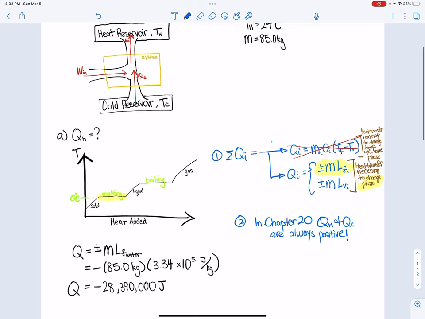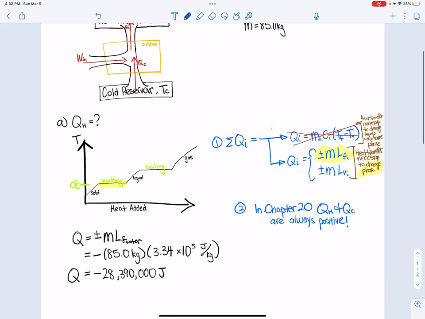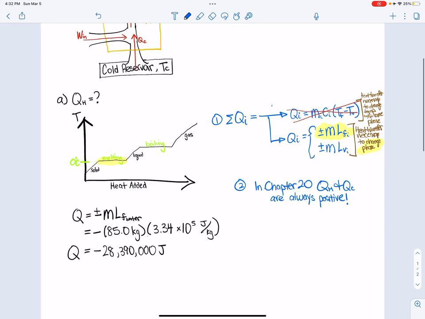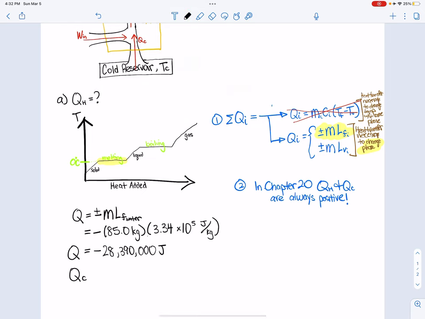So the heat transfer from the cold reservoir and the heat transfer from the heat reservoir are all positive. QC and QH are always positive in our case. So even though my Q is minus 28,390,000 joules, I'm going to say that my QC is equal to 28,390,000 joules, okay?